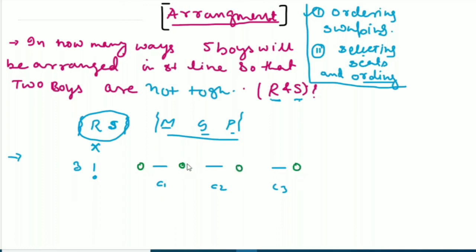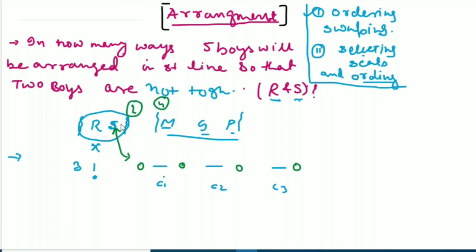So for Ram and Syam, how many places are open? The moment I have arranged these 3 members, how many places are now generated for Syam? There are 4 places generated, sir, right? Ram and Syam, 2 members and 4 places.